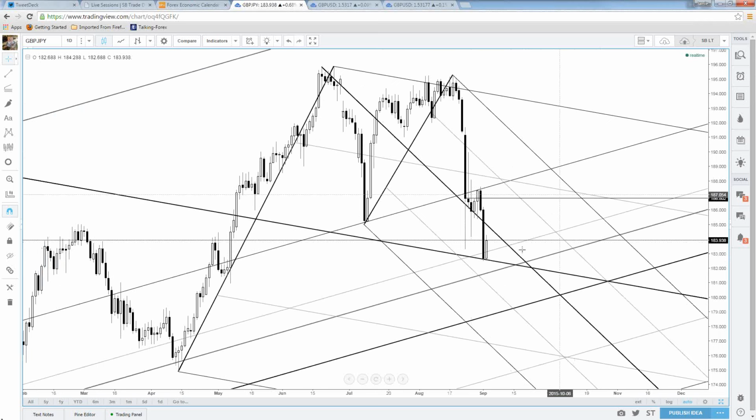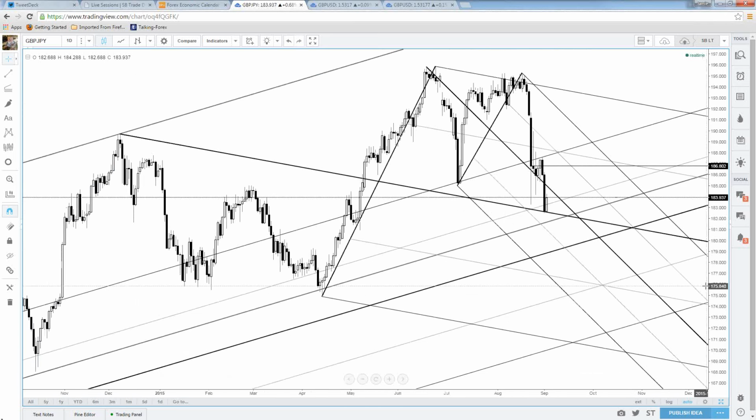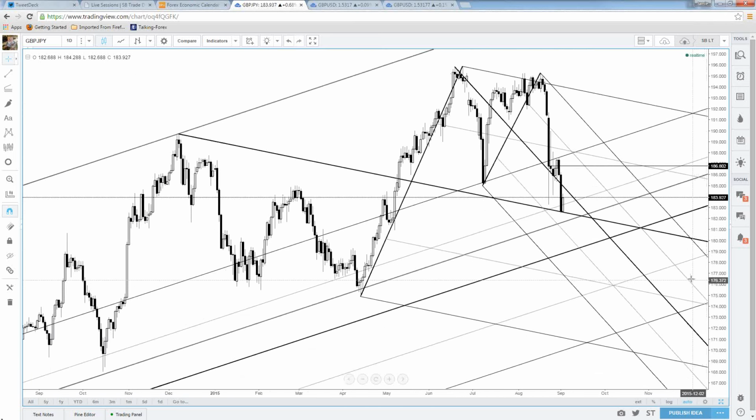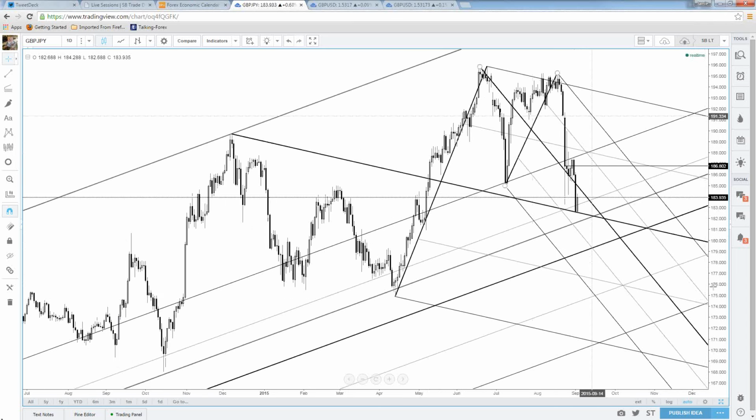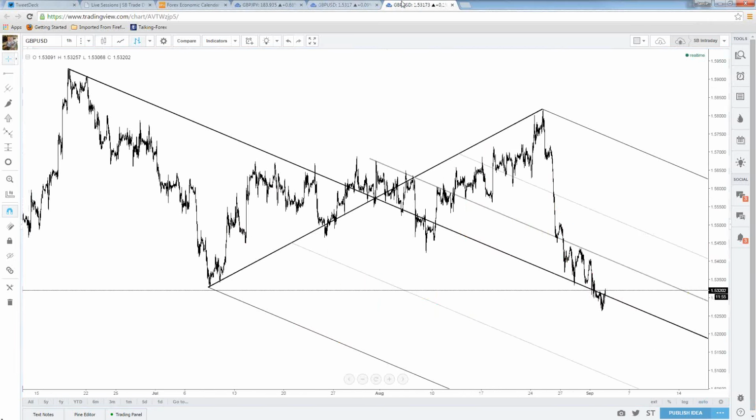So 186.80 would be the big spot, in my opinion, to pay attention to. If there's a confluence up here, if we were to get all the way up there, 186.80, what's that? Sorry, that's 188. So let's see what it looks like on the short term. I haven't really looked at a short term pound yen chart.